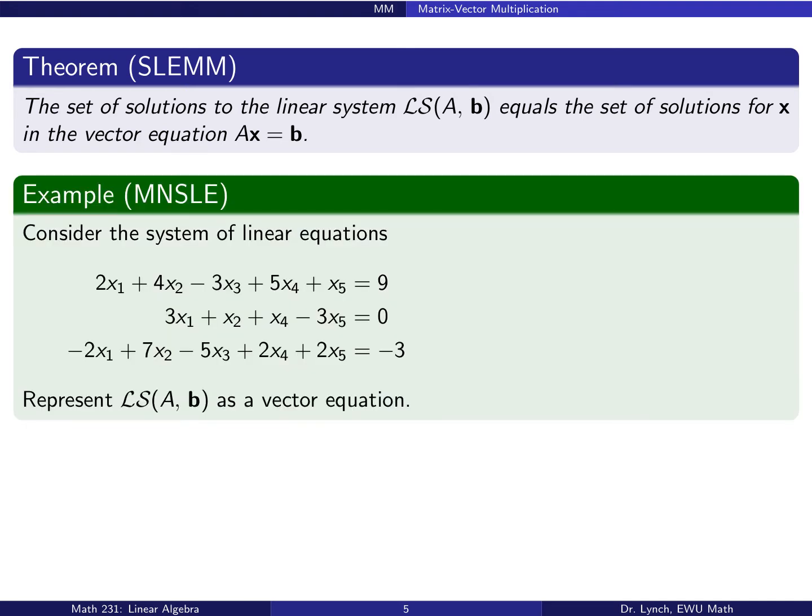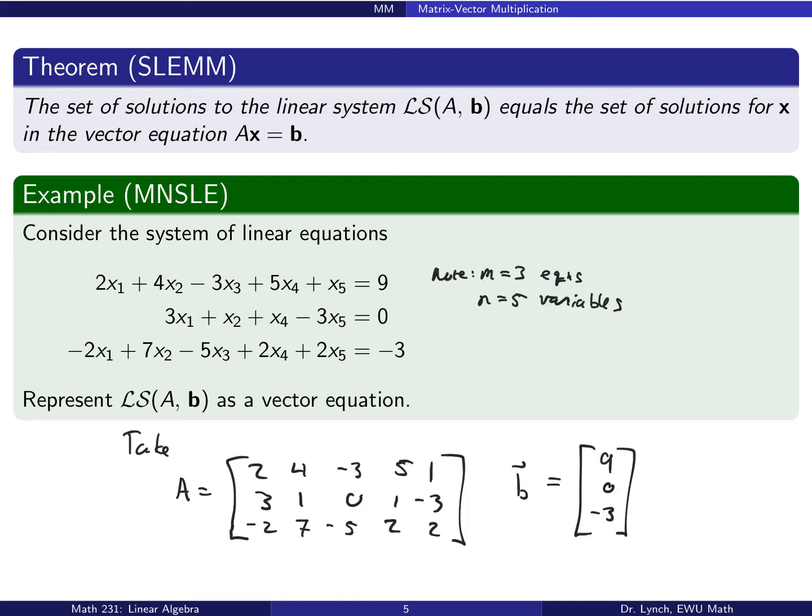Okay, so here's an example. Let's have a look at this system of linear equations, and we'll represent this linear system as a vector equation instead. I'll point out first that our system has m equals 3 equations and n equals 5 variables, so we expect our coefficient matrix A to be 3 by 5.